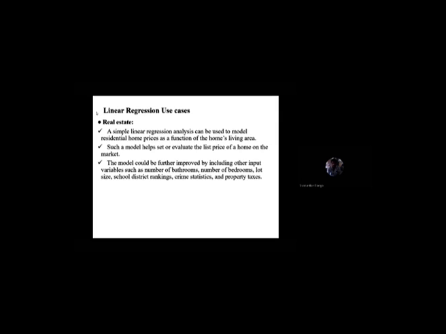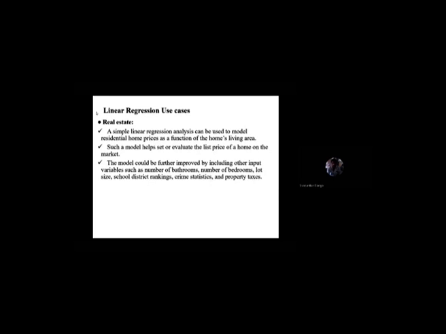The model can be further improved by including other input variables such as number of bathrooms, number of bedrooms, lot size, the school or district ranking, crime statistics in a particular region, and property tax paid in that region, right? Multiple regression means you use multiple input variables to predict one single output variable, right?